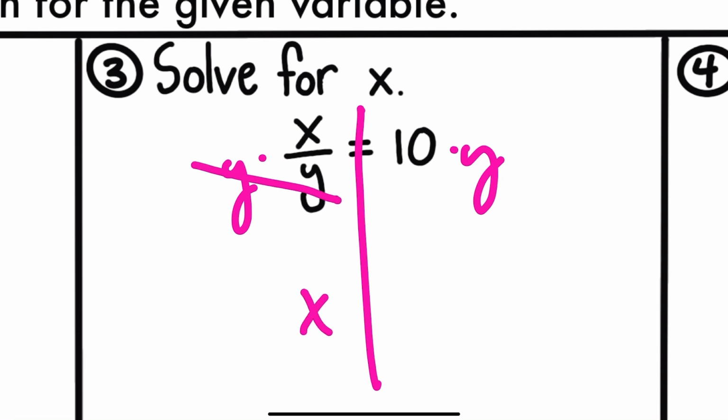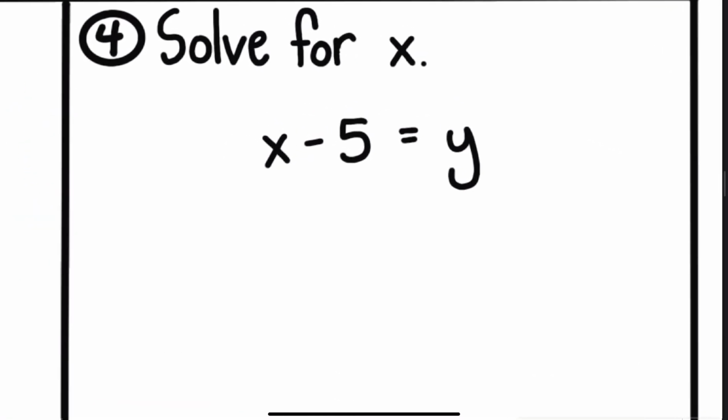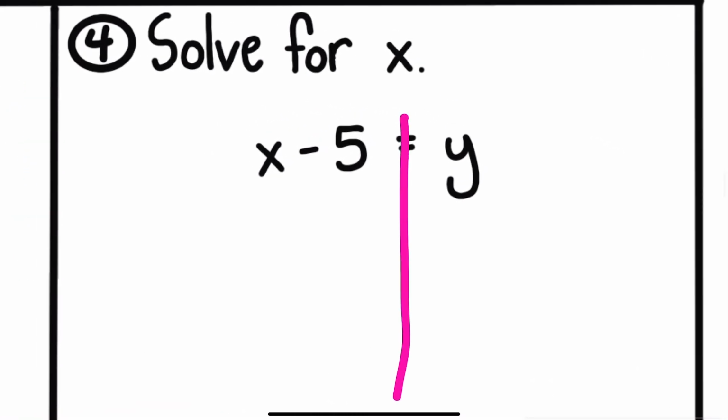So that's going to leave me with x equals 10 times y. That's just going to be 10y. So again, we're just trying to get that x by itself. We're still doing the same steps we have been, but this time we can't actually put our terms together.